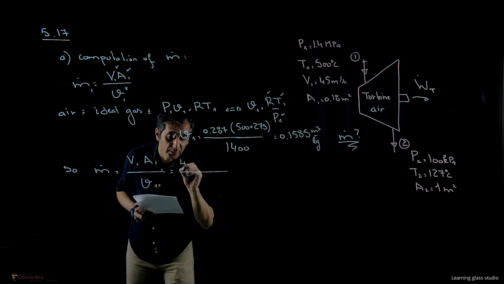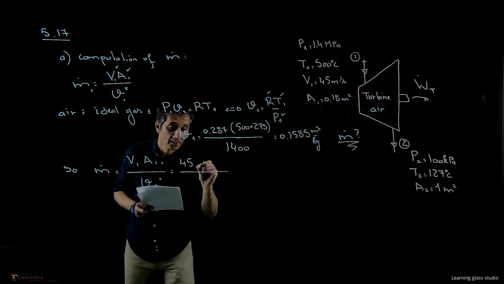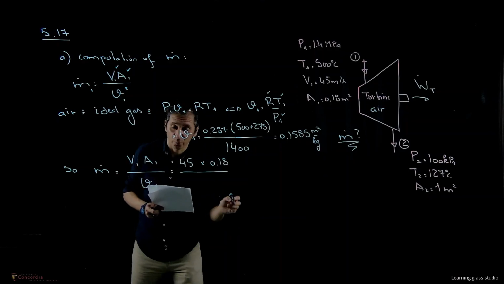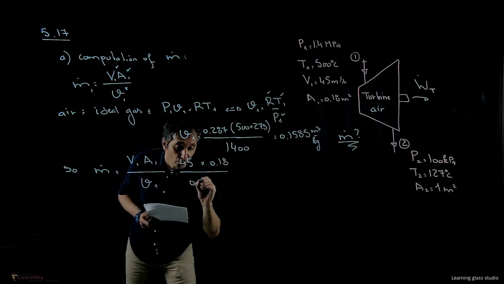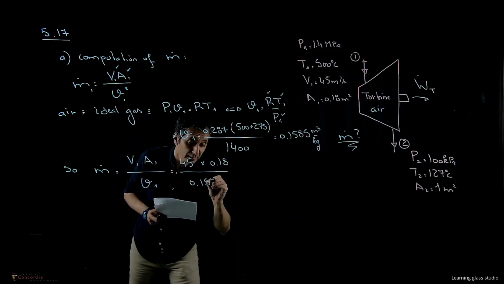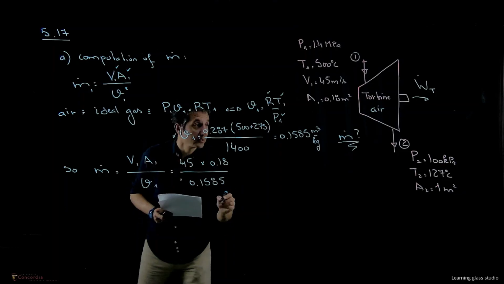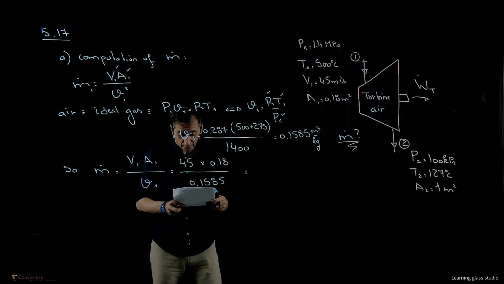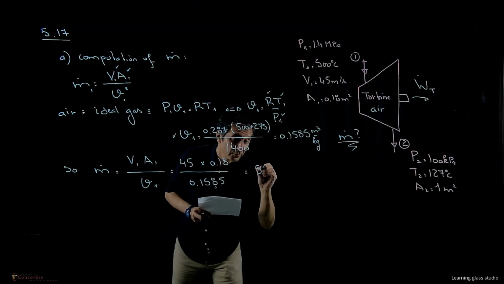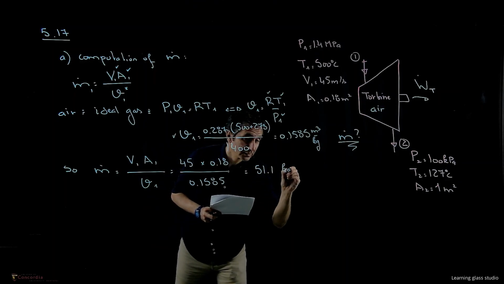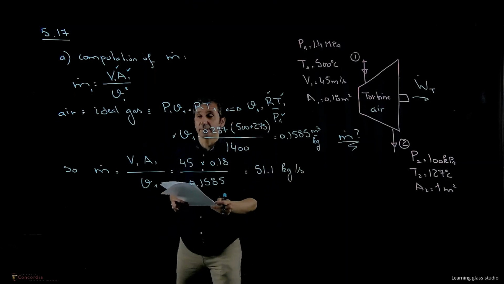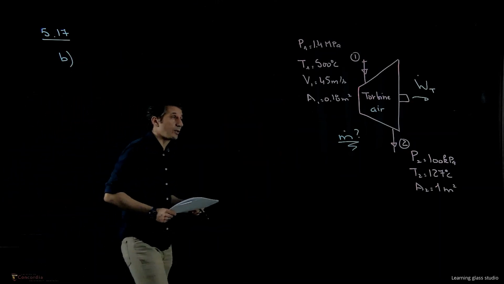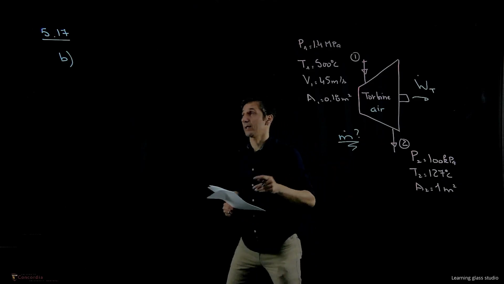V1, our 45 meters per second, cross A1, the area 0.18 meters squared, over our 0.1585 cubic meters per kilogram. And this will give us a mass flow rate of 51.1 kilograms per second. The second question is asking us to calculate the power produced by the turbine.